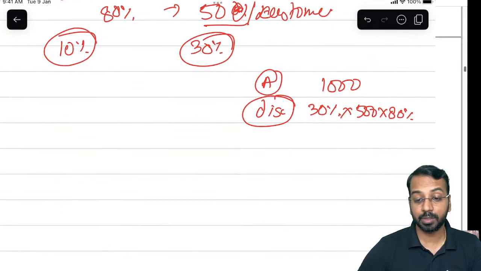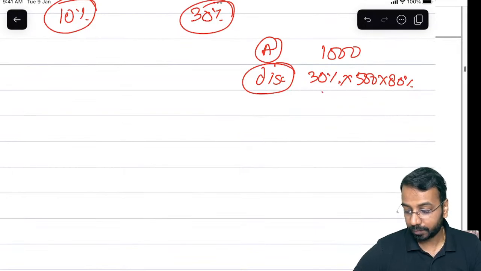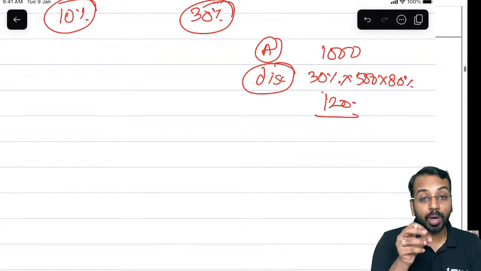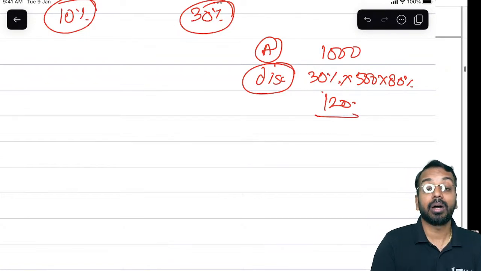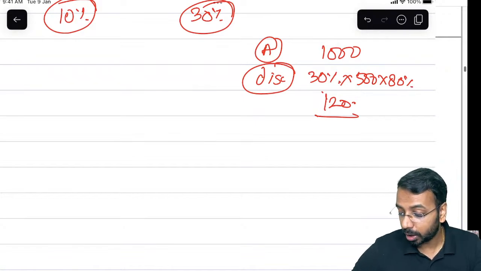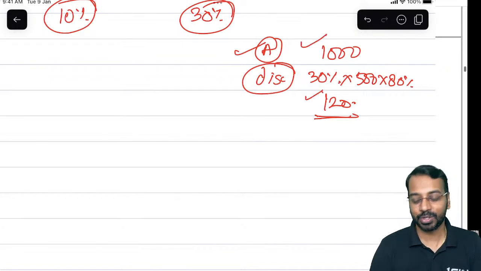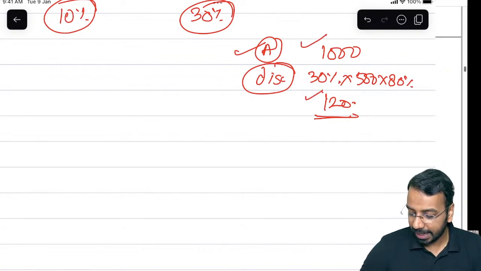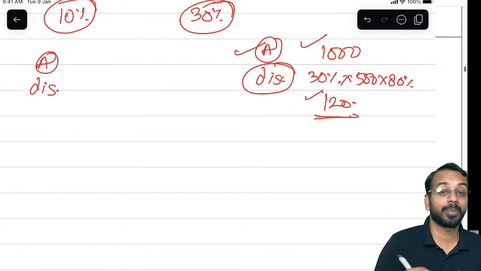So 80% is the probability. 500 into 30% is 150, 150 into 80% is 120. So basically what the standard says is, you are not only giving a product worth 1000, you are also giving an additional material right worth 120. So there are two performance obligations, 1000 and 120. But how much did we collect from the customer? We collected only 1000, for product A and the discount together.